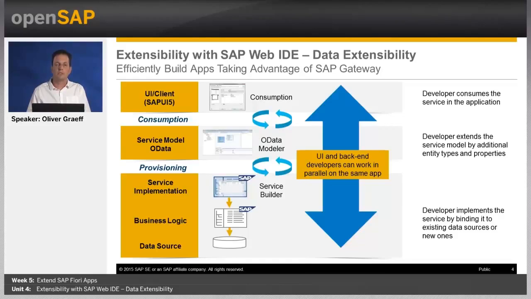And we'll see in this unit how you can do that. The main idea is that those two are decoupled, not only from the software, but also from the development process. So it's possible to develop a UI, for example, a prototype, even though there is not yet a developer working on the gateway service.